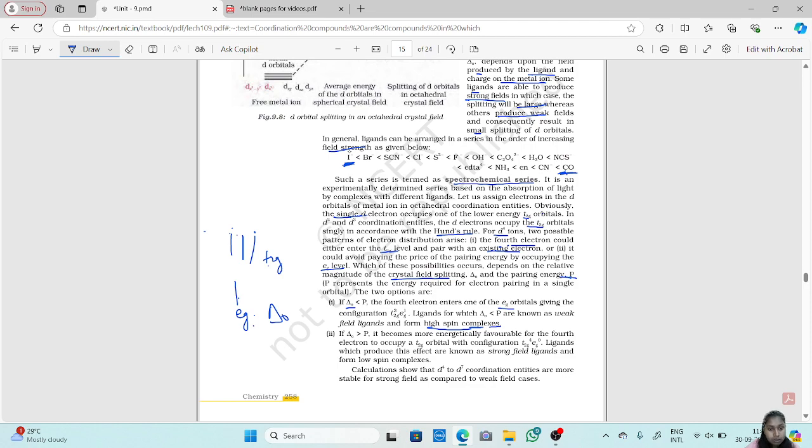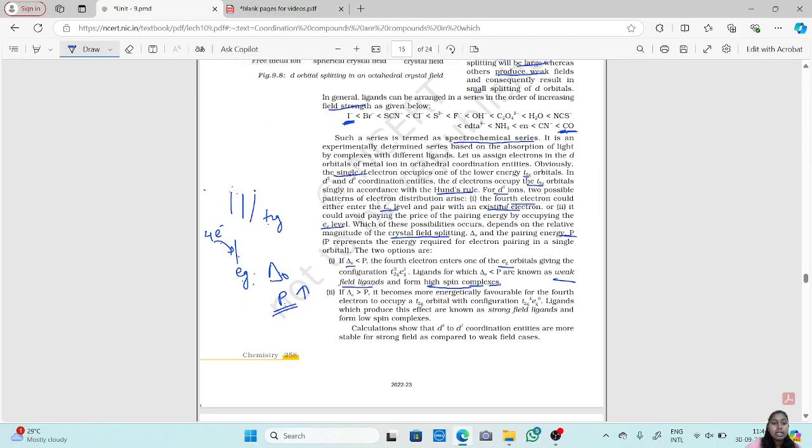When delta naught is lower than P, that is, the pairing energy is higher than the crystal field splitting, the fourth electron goes into the eg orbital. When the pairing energy is higher, that is known as weak field ligands, and it forms high spin complexes.